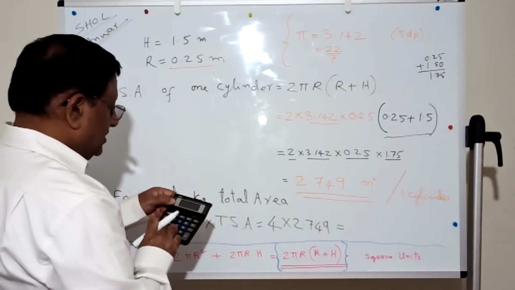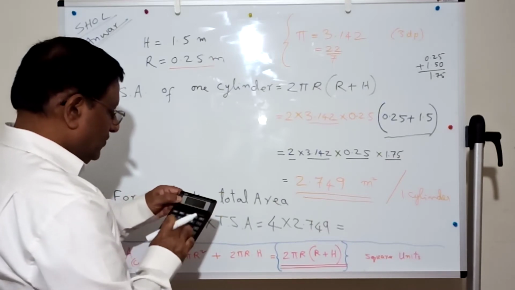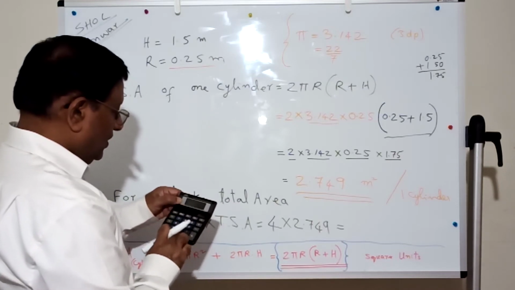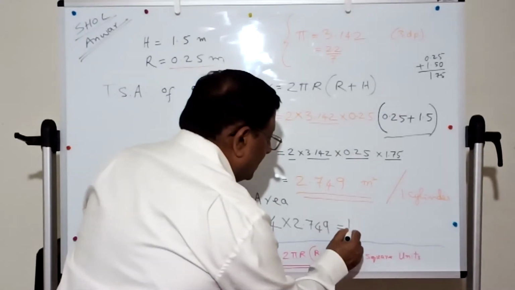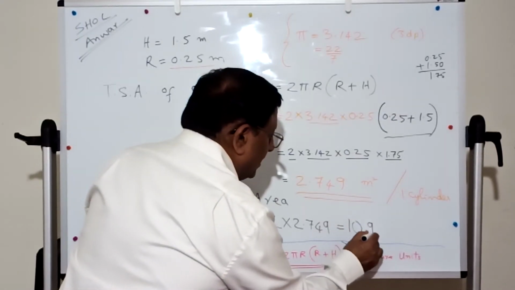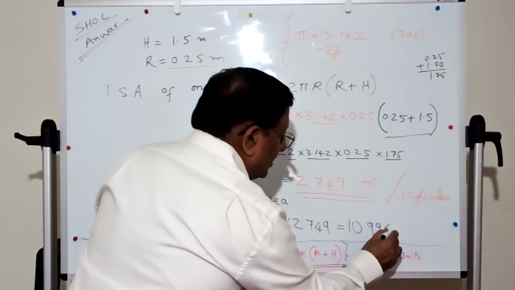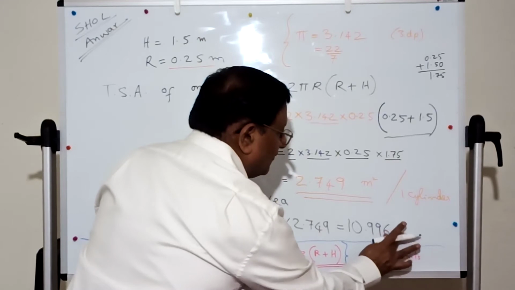I'll just take 2.749 times 4. That will be 10.996, so I can round it off. This is the symbol for approximately equal to.